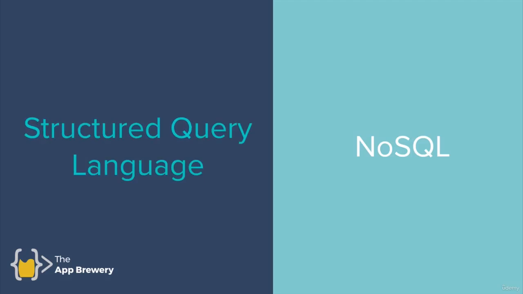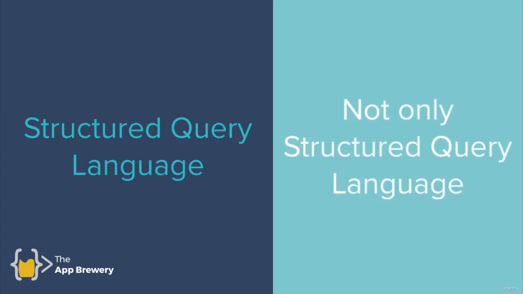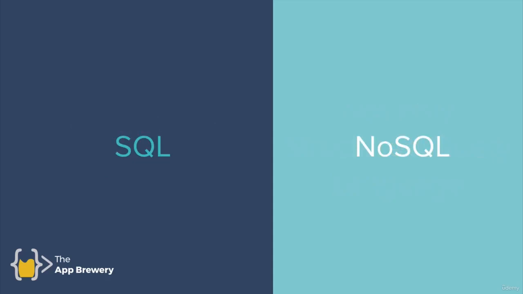And it's a really old school piece of technology that businesses have been using for many, many years. Now, NoSQL stands for Not Only Structured Query Language. So they can actually be any format as long as it's not SQL, although most of them follow a very similar structure. Those are the two big families of databases that you get to choose from.